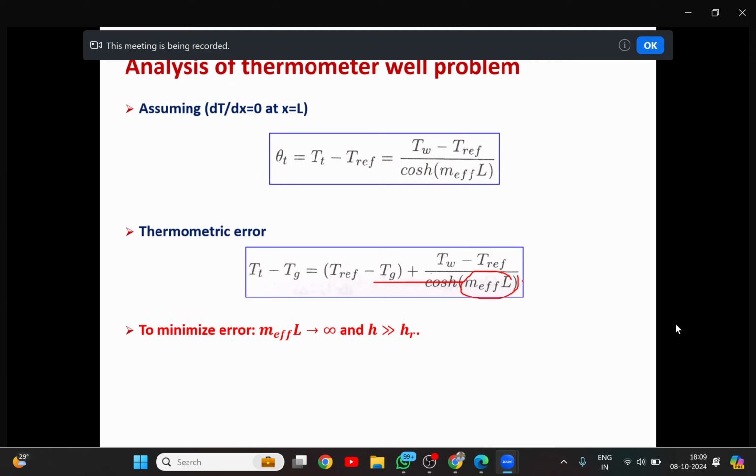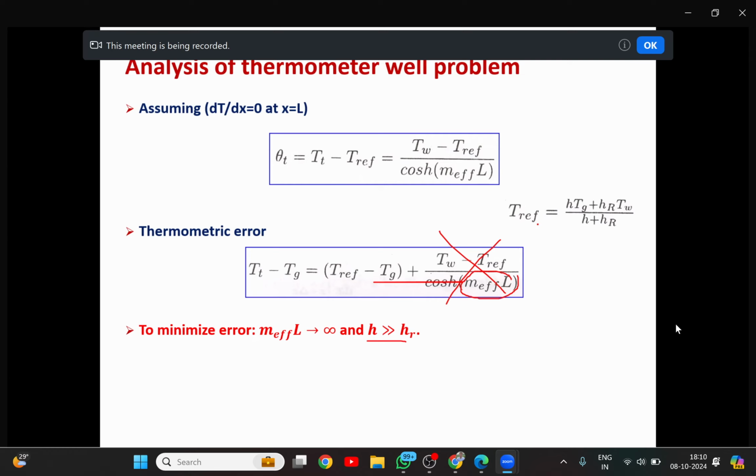Now, you use a second condition. You also take measures such that your convection heat transfer coefficient is much greater than the radiation heat transfer coefficient. This is your definition of reference temperature. When h is greater than h_R, you can actually neglect h_R here.